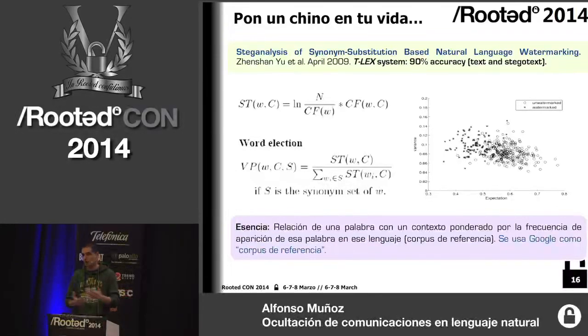So instead of taking a window of 4 words, the attacker should use a window of 8 words. There aren't very many attacks here, because this is not a well-known topic. The only attacks I've heard of have been made by Chinese researchers. It seems that the Chinese are really bored and they do these kinds of things. At the end of the day, the idea is the same: trying to detect whether a word fits within a context or not.